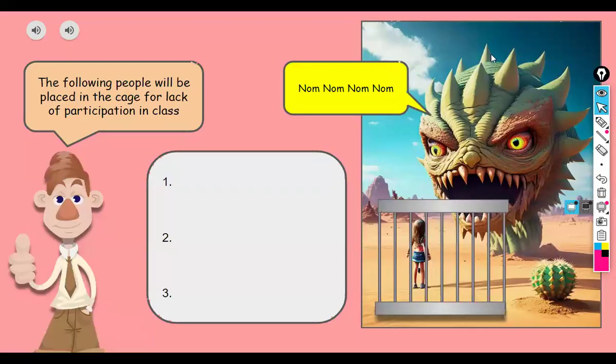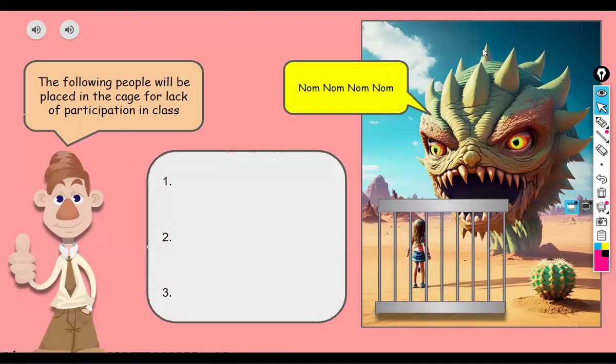All right, so every once in a while, this is going to come up, right? So I'm using this method to try to encourage people to take part in class, and this is a funny way of doing it, right? So for the people who are not participating in class, there will be three people to try to encourage them, right? So the following people will be locked in that cage there, and hopefully they will participate in class later on. Right. So Otley, you need to start participating more in class.